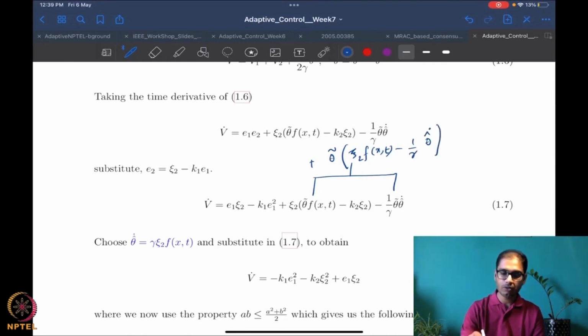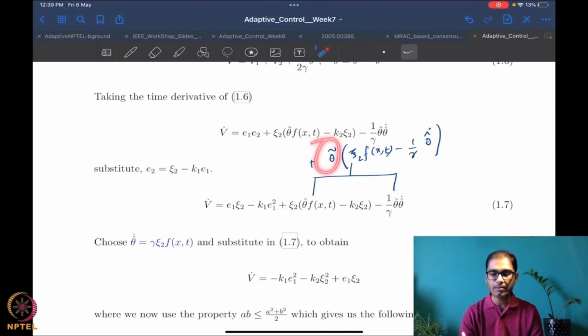So what do we do? We know that we cannot really make this negative definite or anything, because that would require having a theta tilde in my update law, which is not allowed. Theta tilde is unknown to me, so I'm not going to do anything ridiculous like that. So I pick theta cap dot just so I can cancel this. I do the best I can. I cannot really introduce a negative term, but I can at least cancel the bad stuff.